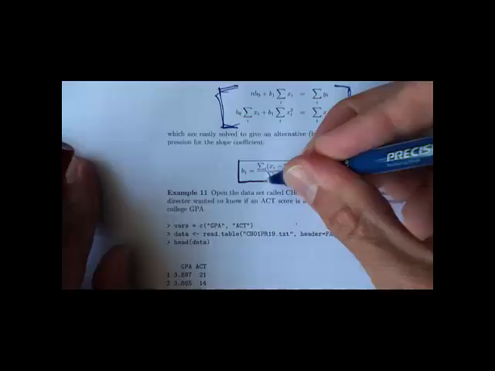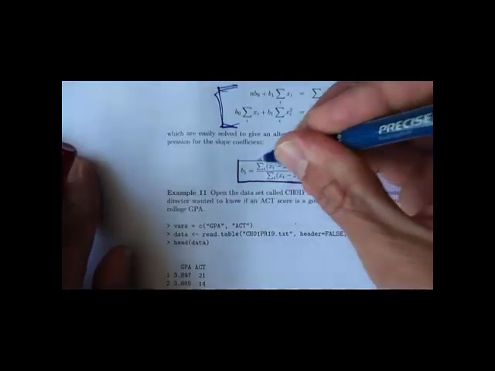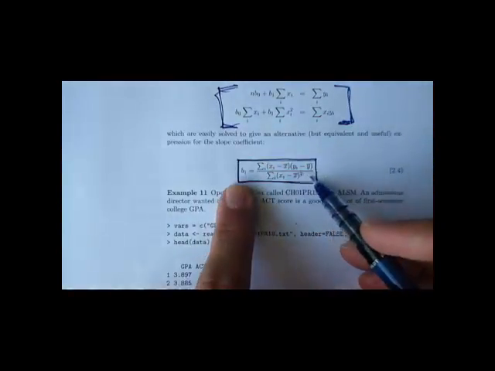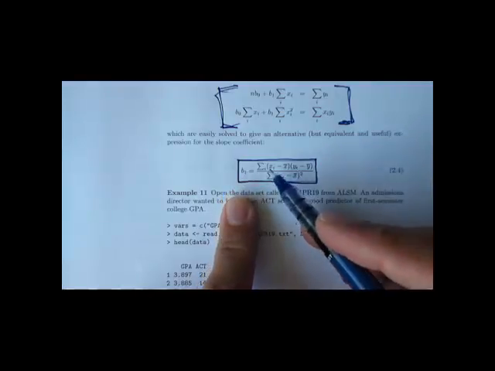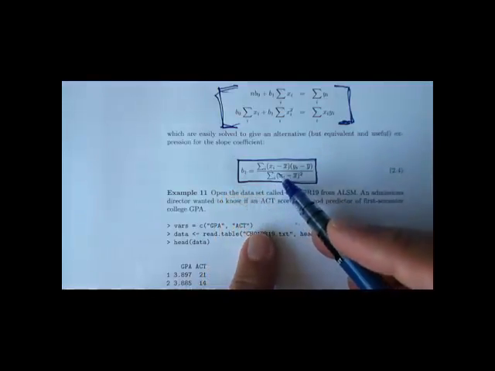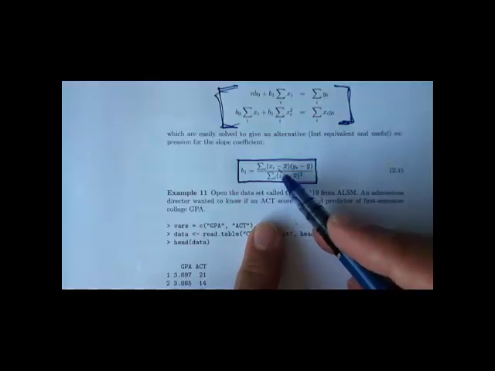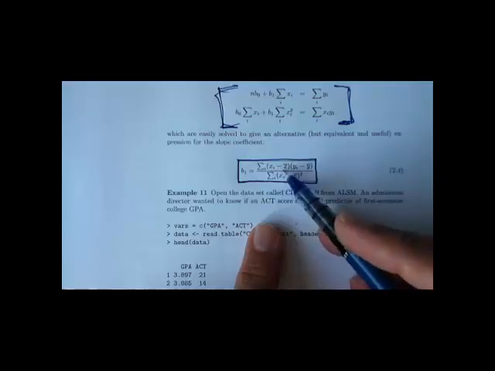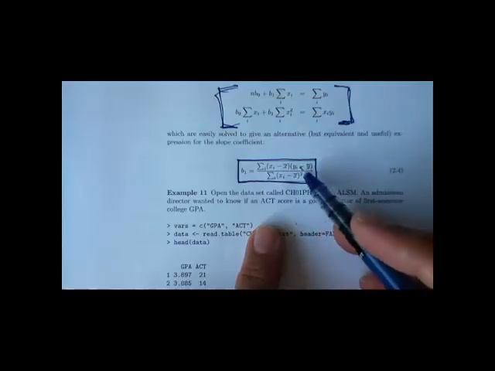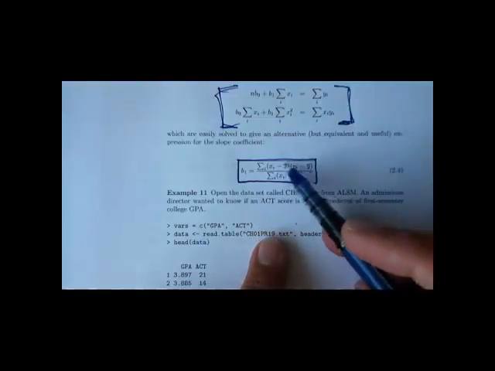Sometimes we may want to think about the slope this way, so look at what you have here. The slope of the regression line is a ratio of sums. In the numerator, for the ith value, it's almost like a z-score. It's an absolute distance in the x direction times the absolute distance in the y direction, and you're summing those products.